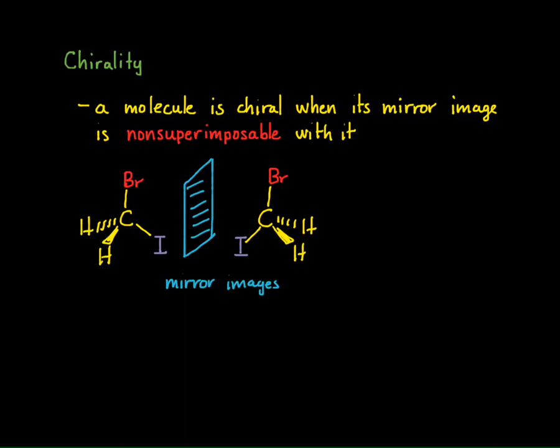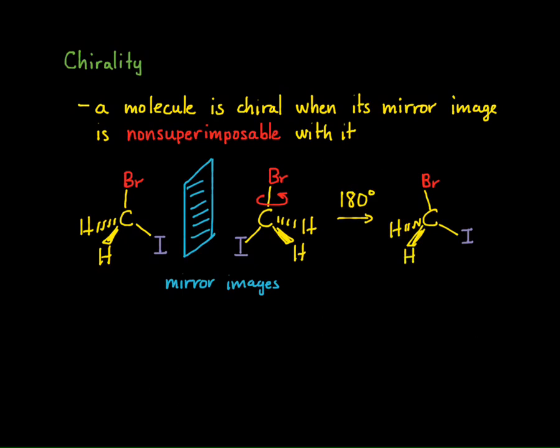And for this particular structure, really all I have to do is rotate it 180 degrees. And I see that now the hydrogens are going to go back around. The bromine stays where it is. The iodine goes to the right-hand side.